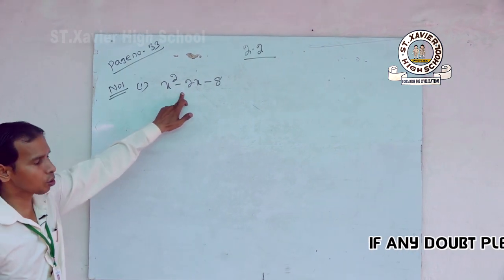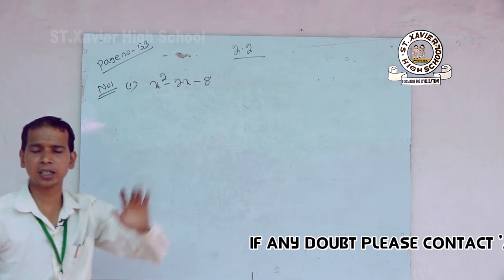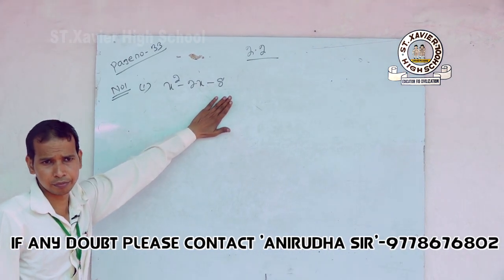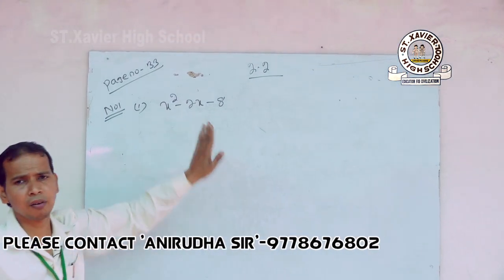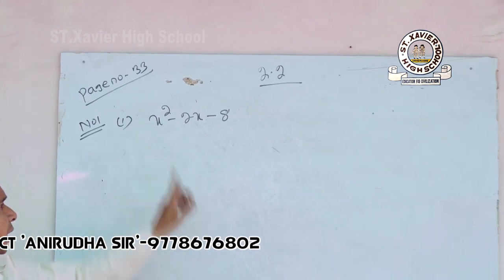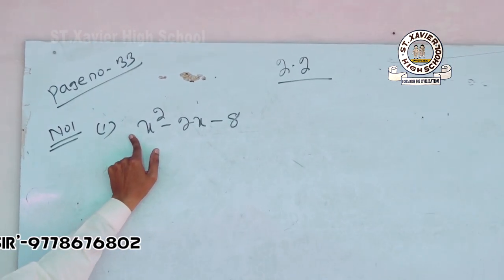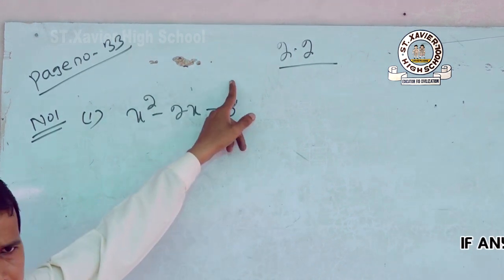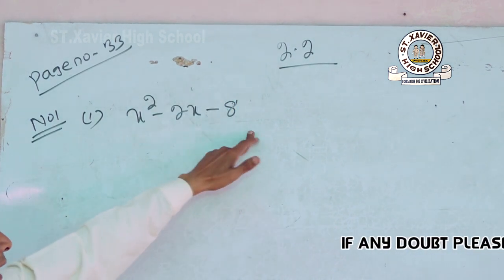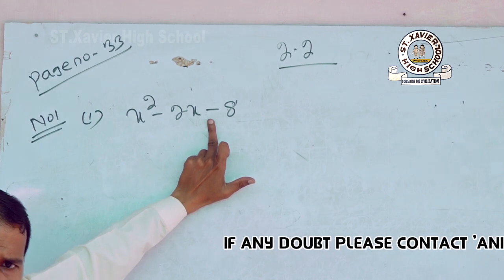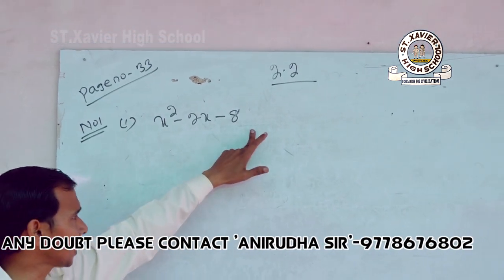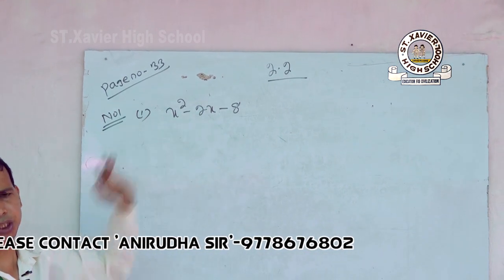Look, here x square minus 2x minus 8. First we try to split the middle term by the factor method. The coefficient of x square here is 1 and the constant term here is 8. So 1 into 8. The sign before 8 here is minus. So you think of two numbers whose product will be 8 and difference is 2.